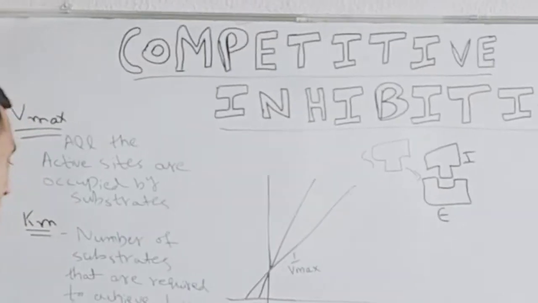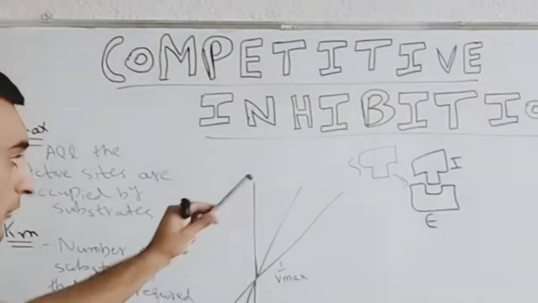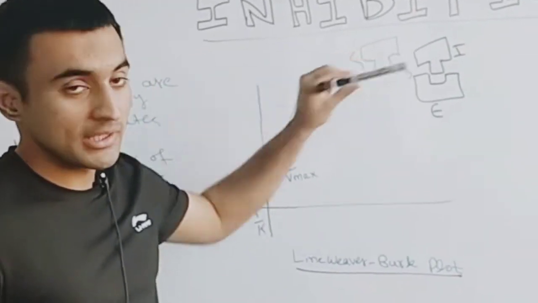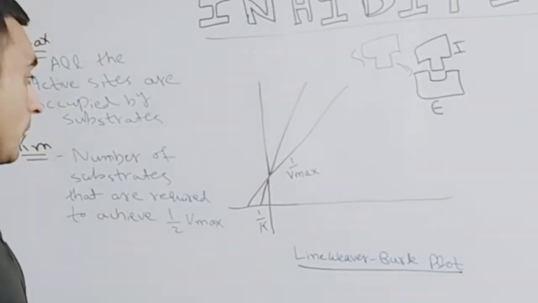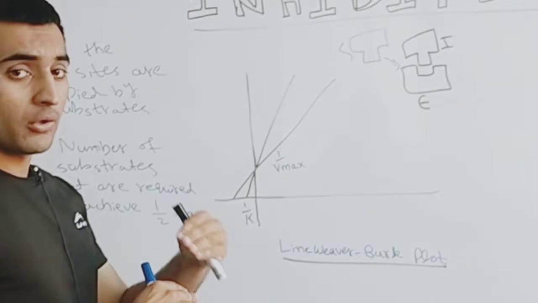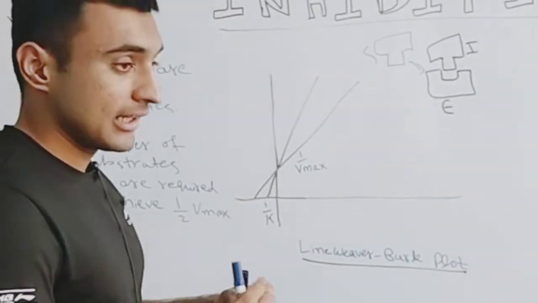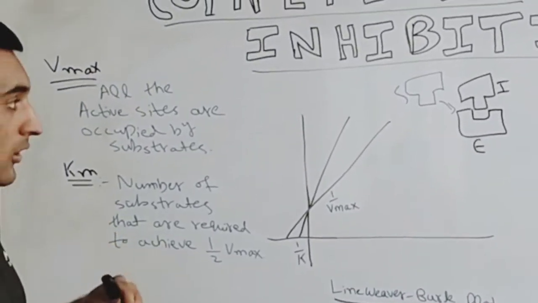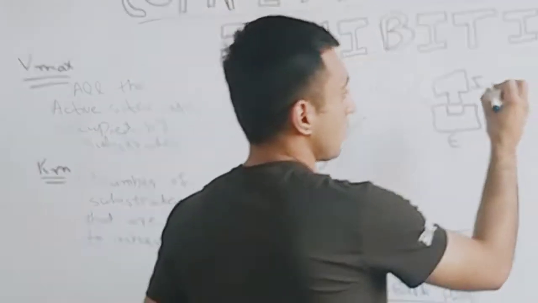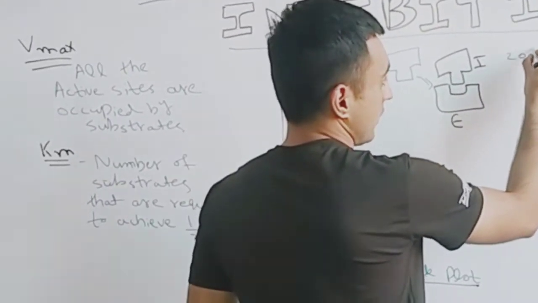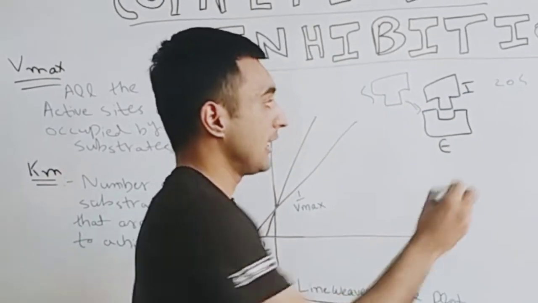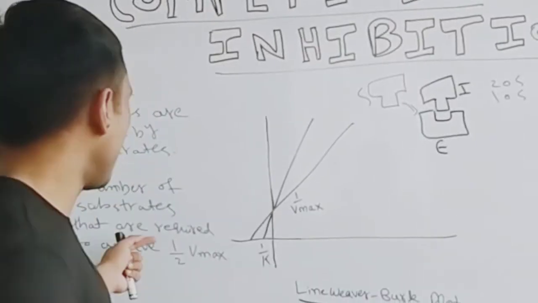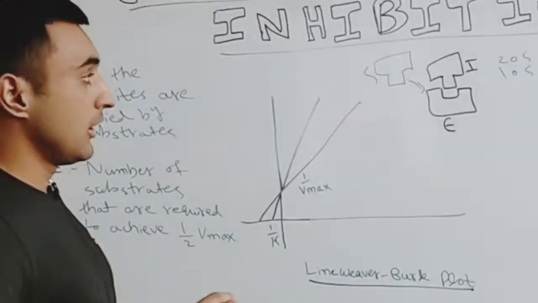So you can see that the inhibitor was attached here at the active site of the enzyme. This is clear. So more substrates were required to achieve that threshold in order to make the product. If we talk about the normal case, if 20 substrates were required to achieve the maximum velocity and 10 substrates were required to achieve the Km value, or half of the maximum velocity, it was normal.